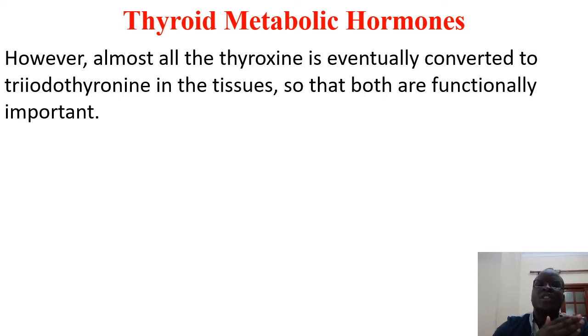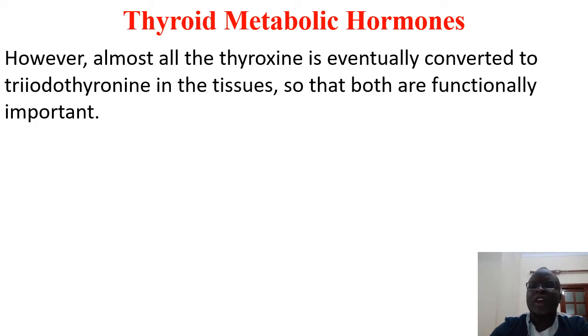So when thyroxine has been delivered to the tissues, it will be absorbed by the tissues, it will enter the tissues, then within the tissues it will be converted back to triiodothyronine. Remember, the difference is just the number of iodide that is attaching to these hormones. So in tetraiodothyronine you have 4 iodide, in triiodothyronine you have only 3 iodide.